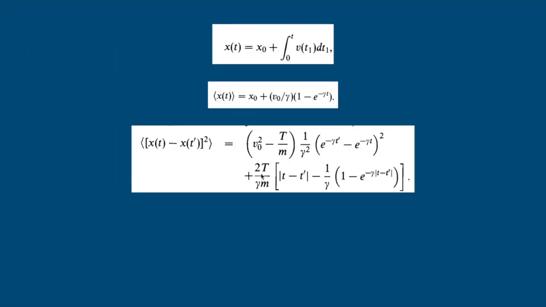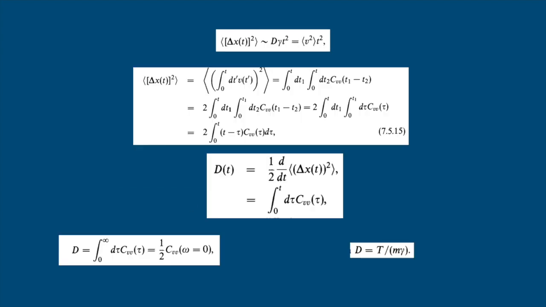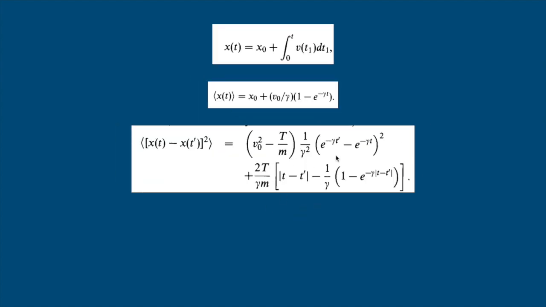So using the equation we saw here for velocity correlation, we can substitute our result in this equation, and we can find the mean square displacement to be this expression: 2t by gamma m into the time difference, minus 1 by gamma into 1 minus e power minus gamma times t minus t dash, plus this term, v naught square minus t by m into 1 by gamma square into e power minus gamma t dash minus e power minus gamma t, the whole square.